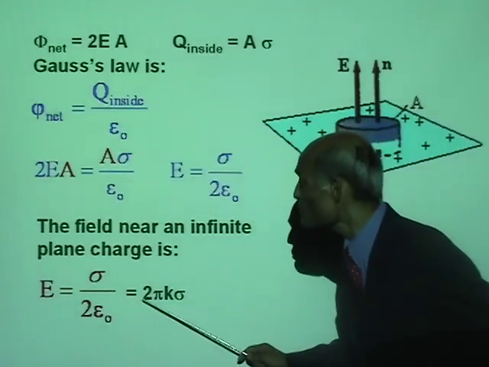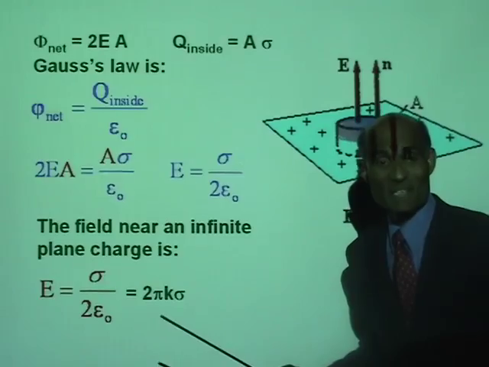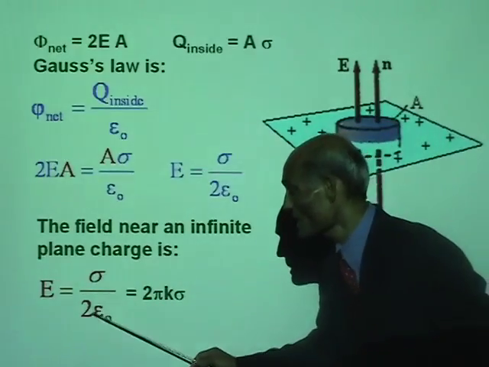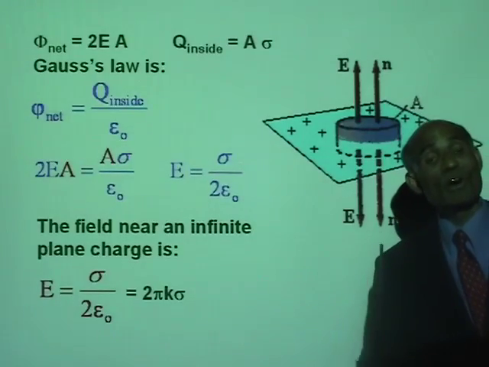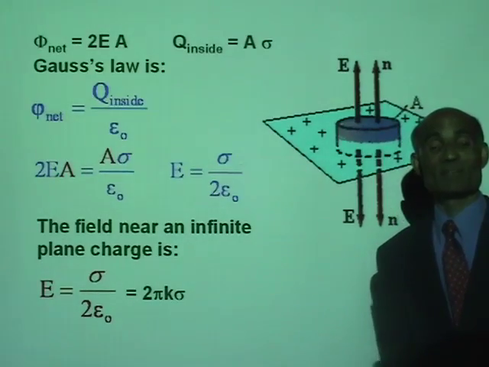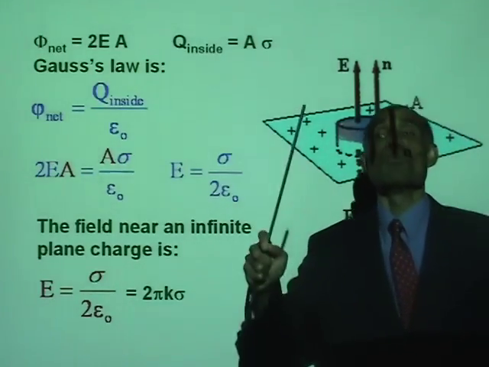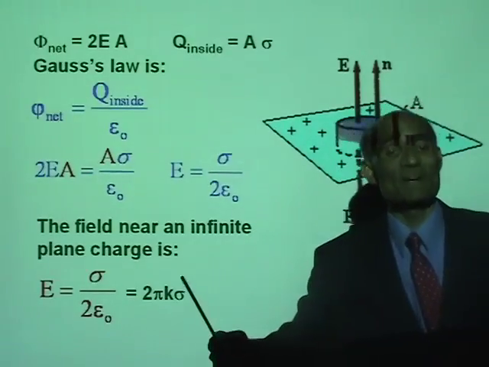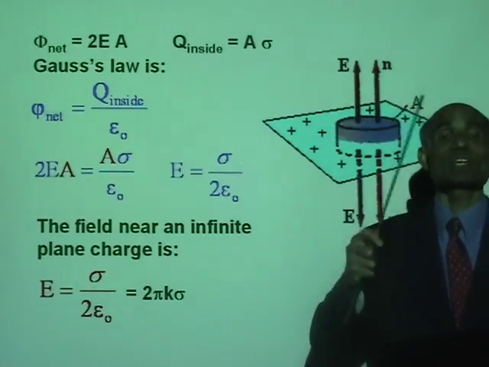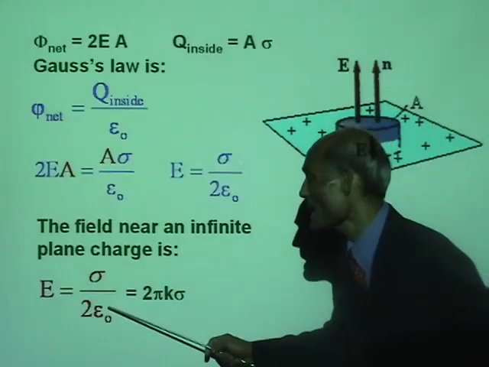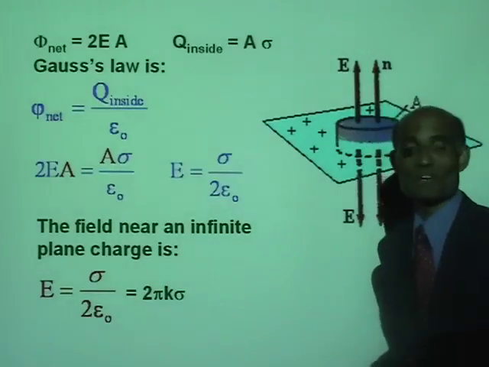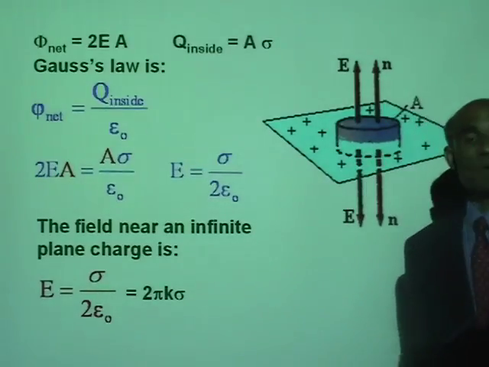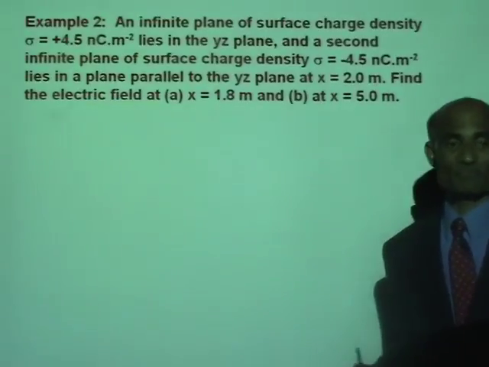And that will be the same as 2 pi k sigma, is that right? Because epsilon naught is the same as 1 over 4 pi k, because k equal to 1 over 4 pi epsilon naught, or epsilon naught is 1 over 4 pi k. Using that, you get sigma over 2 epsilon naught is the same as 2 pi k sigma.